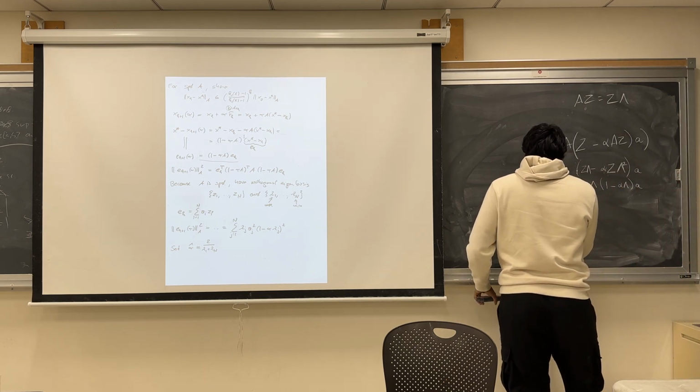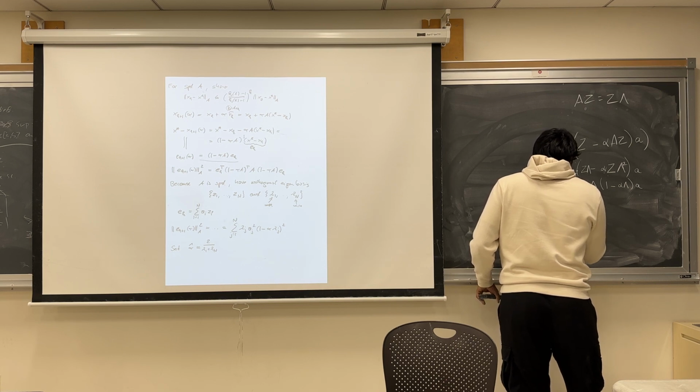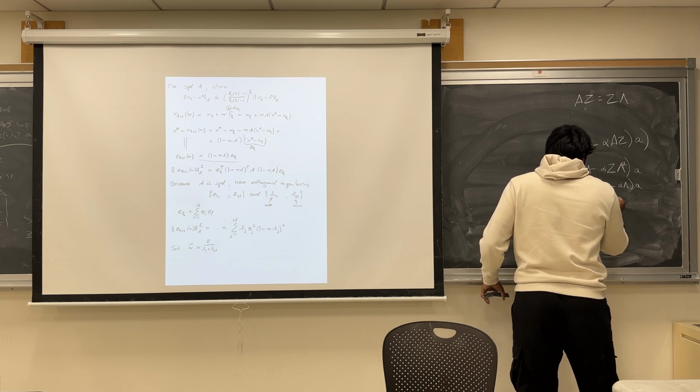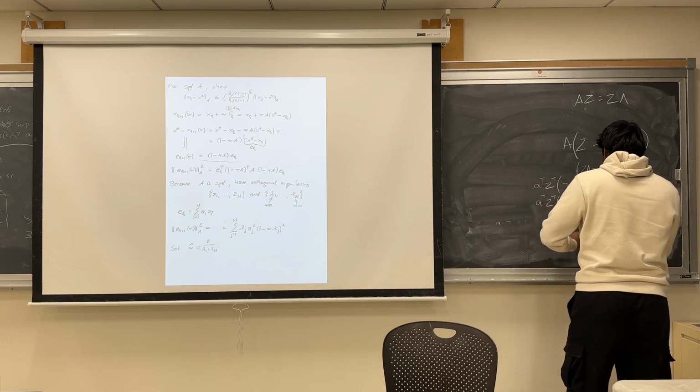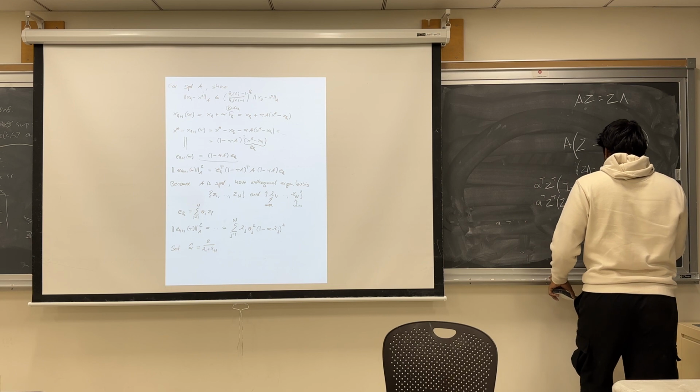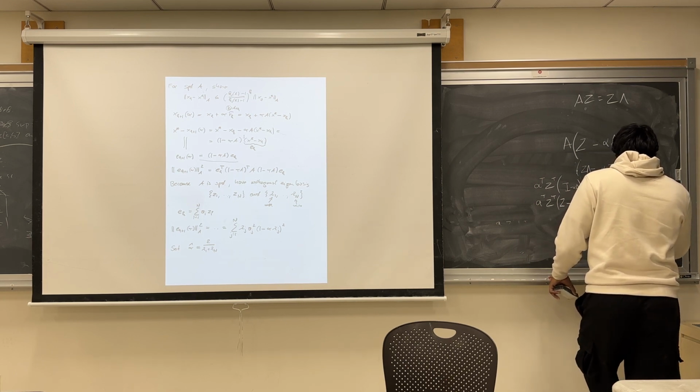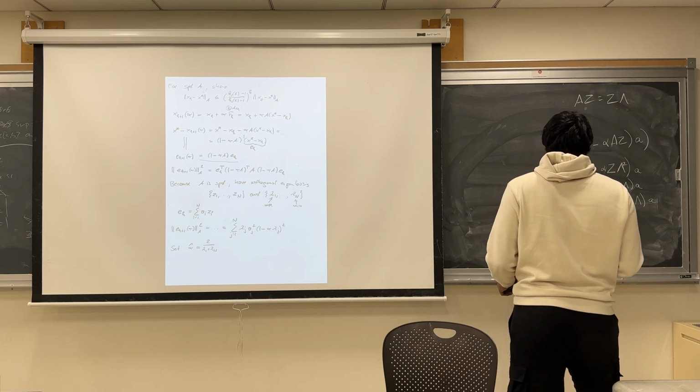And we bring the Z in. A transpose, Z transpose, Z minus alpha Z lambda, it's not A though, lambda 1 minus alpha lambda A, right?